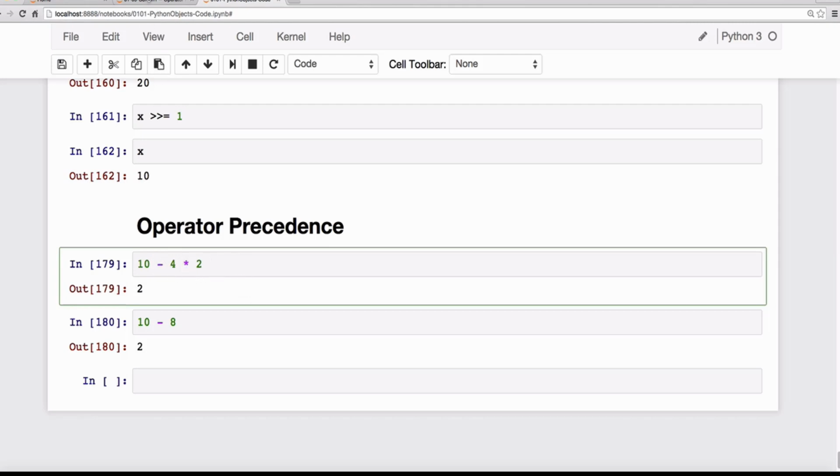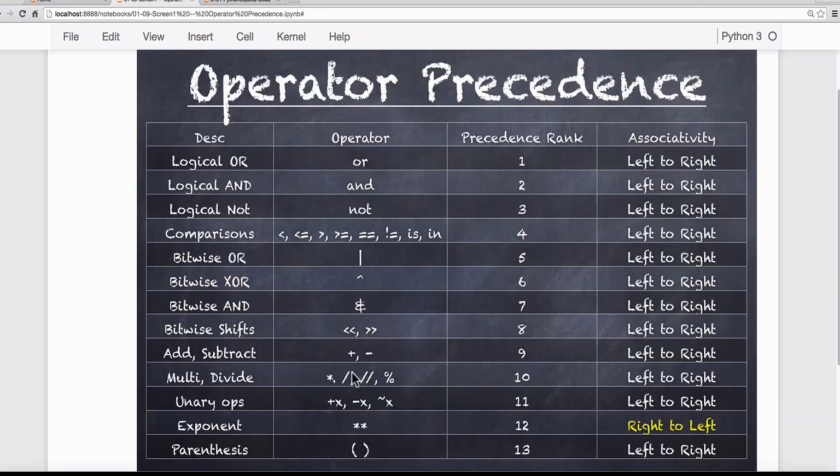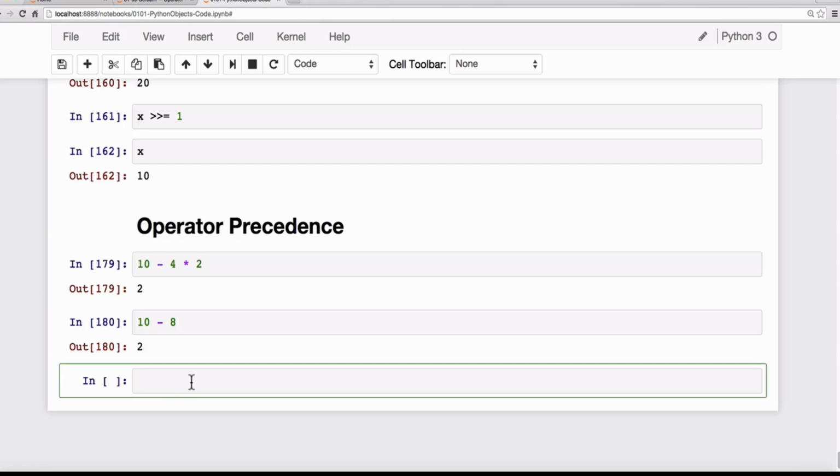Let us see the rules. Multiplication has higher precedence, a rank of 10, whereas subtraction has 9. That is the reason it executed the multiplication first. Suppose we put it in parentheses, (10 minus 4) star 2.